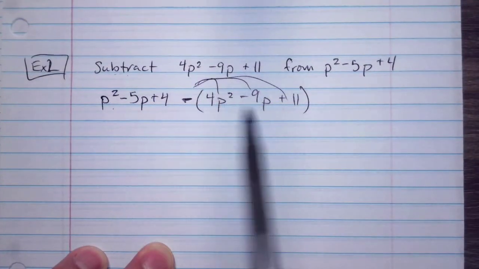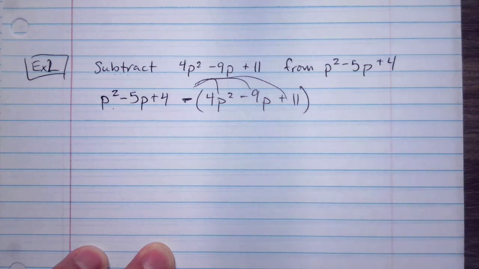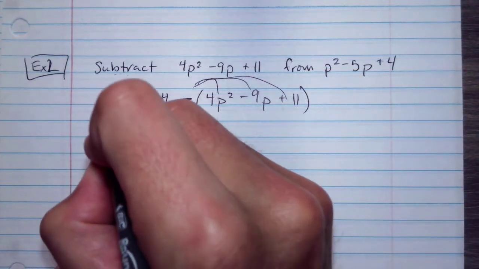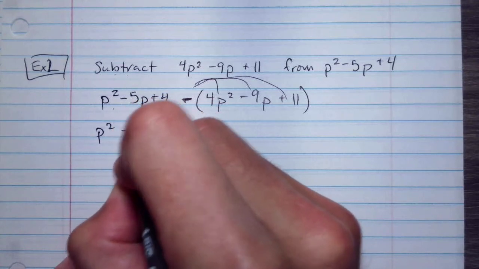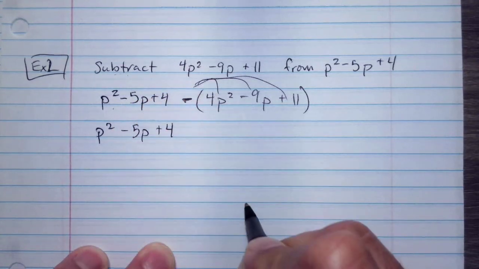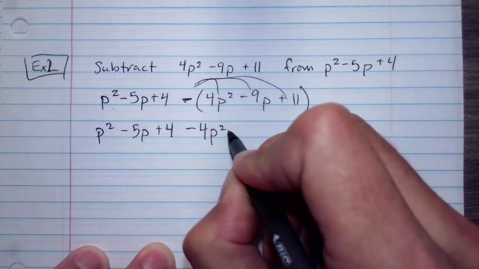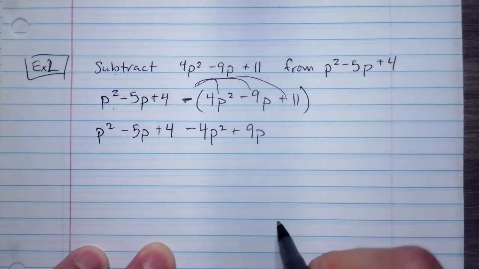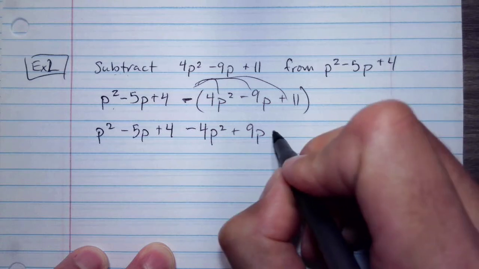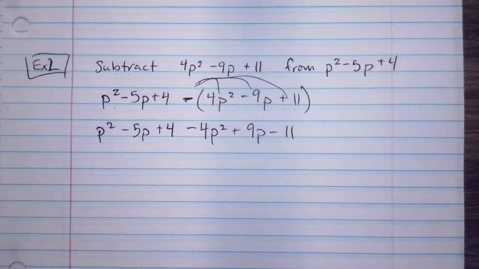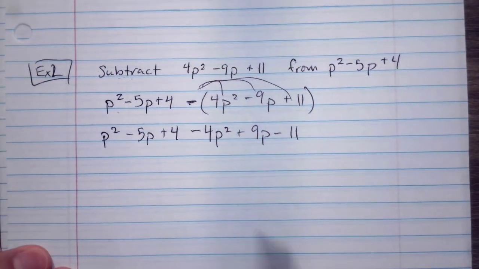Once we distribute the negatives, then it'll just be like adding the polynomials. So we got p squared minus 5p plus 4 minus 4p squared plus 9p minus 11, and now I'm just combining like terms.